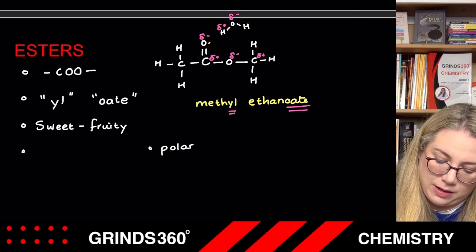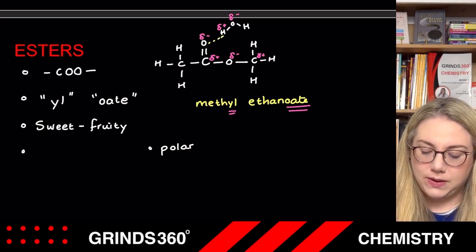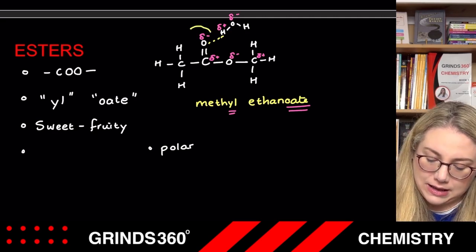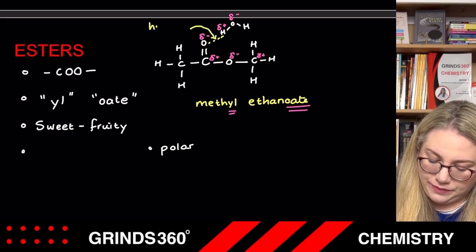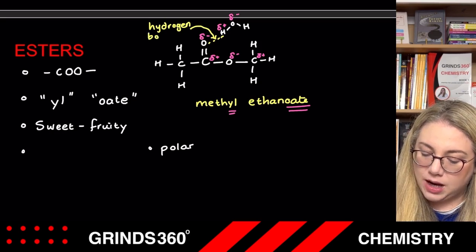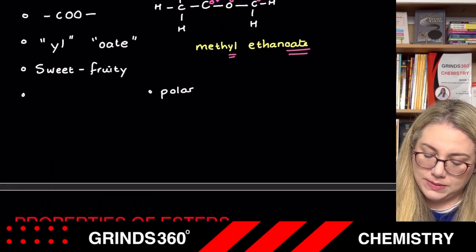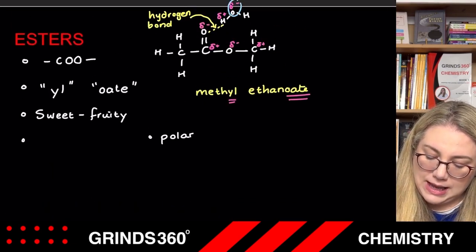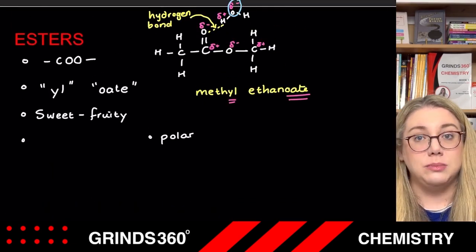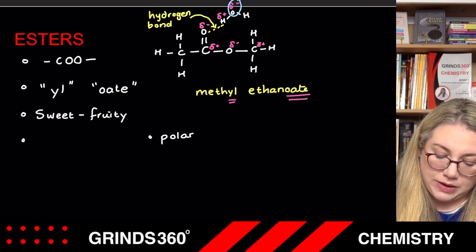When you have opposite dipoles near each other, there is a force of attraction between them, and that is a hydrogen bond. Esters cannot hydrogen bond with themselves, but they can hydrogen bond with water, because water has an oxygen, and there's a hydrogen attached to that oxygen, meaning the dipole is bigger. So the intermolecular force is stronger.